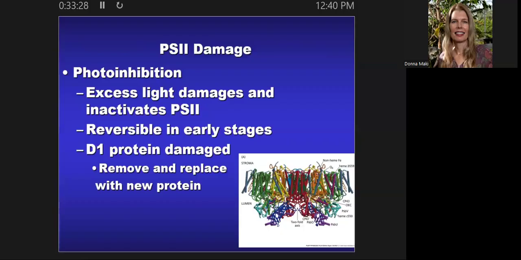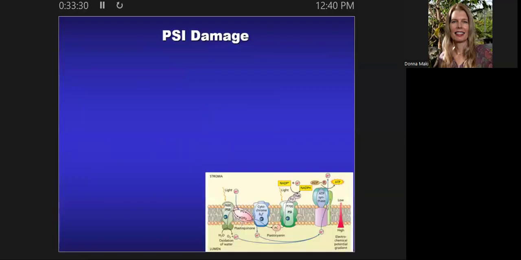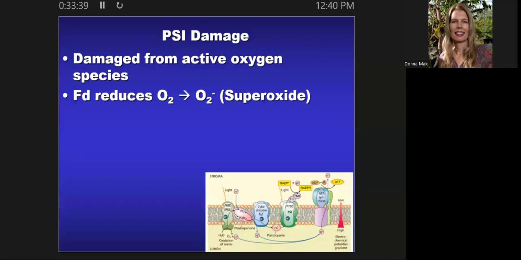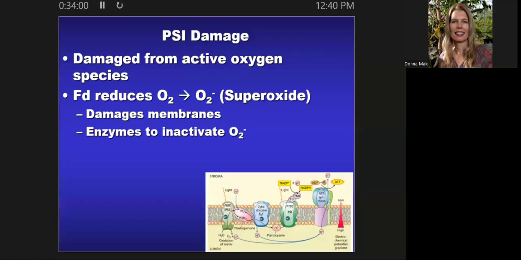And then they've played around with photosystem 1, of course, trying to figure out what could go wrong. And some of the studies are showing that free radicals, active oxygen species, are free radicals. So when ferredoxin gets its electron in the light reactions, it's supposed to give it to FNR, but sometimes ferredoxin has a whoops and it doesn't, and it will actually give the electron to oxygen, which is nearby, and that will yield superoxide, which is a free radical, and which of course is going to start damaging membranes and proteins.